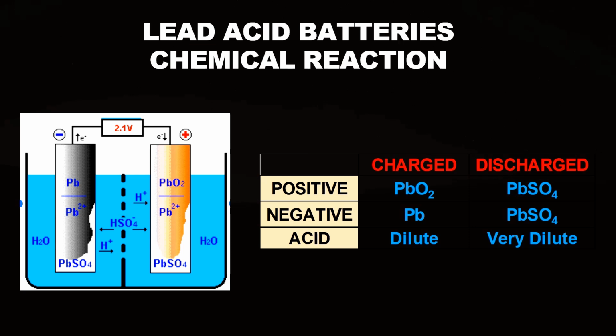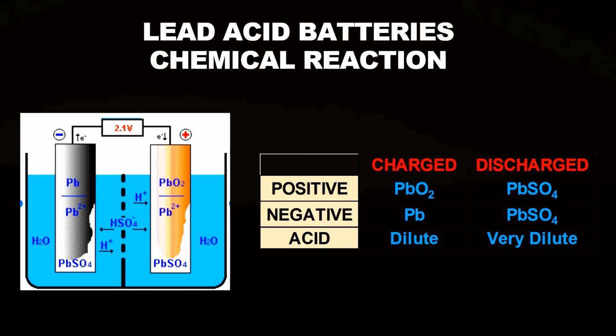In the charged condition, the positive electrode is lead dioxide (PbO2) and the negative electrode is sponge lead (Pb). Hence, there is a potential difference between the PbO2 and the Pb, which is the reason why the current flows. When it comes to the acid, dilute sulfuric acid is the electrolyte.